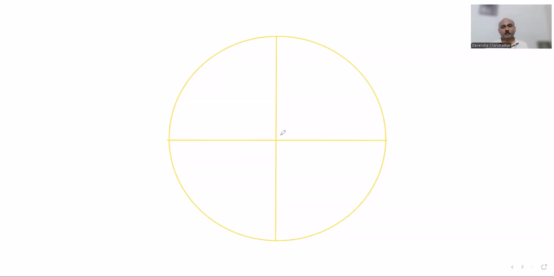This is first quadrant, starting from 0 degrees, ending at 90 degrees. This is the second quadrant, starting at 90 degrees, ending at 180 degrees. This is the third quadrant, starting at 180 degrees and ending at 270 degrees. And move ahead to 360 again, 270 to 360. This is the fourth quadrant, right?